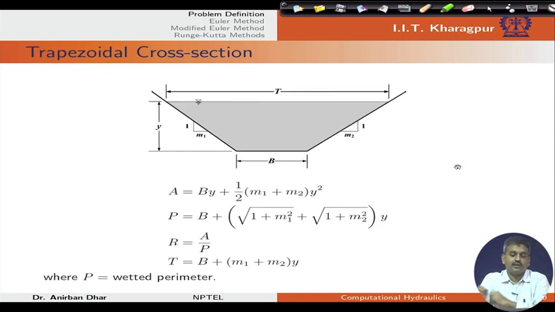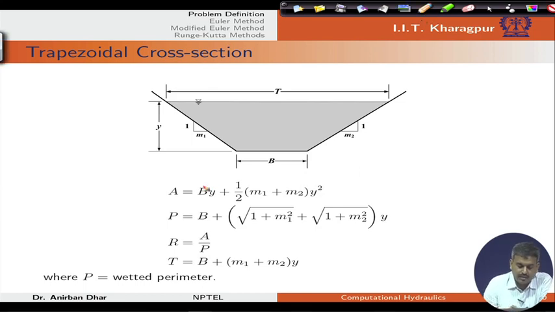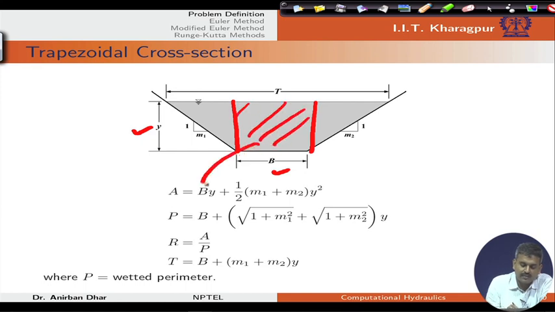Now, if we consider a general trapezoidal section, then the area we can divide into two parts. This is flow depth, this is bed width, and on the left and right sides we have 1:m1 and 1:m2 slopes. Now, this intermediate area is b y, and if we consider both sides, then this will be the area.